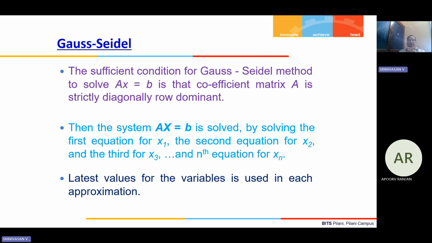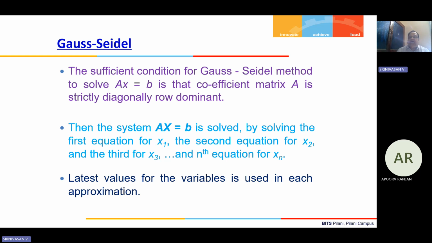Now let's come to one of the two iterative methods, by name the Gauss-Seidel method. As I mentioned already, look at the word sufficient, and that is enough. We know sometimes whenever you want to prove something, it is enough if you just prove this.